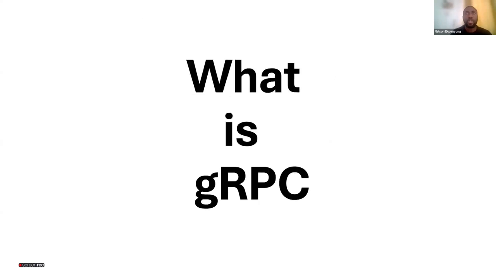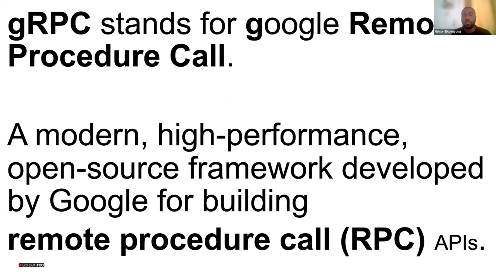Okay, so what is gRPC? gRPC is a modern, open source framework developed by Google in 2016, I think, for building remote procedure calls. gRPC services can communicate with each other highly efficiently, regardless of the programming language that you use.